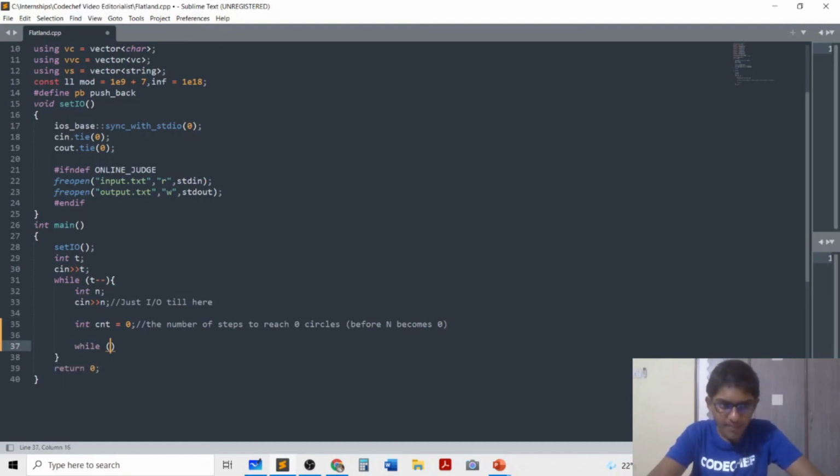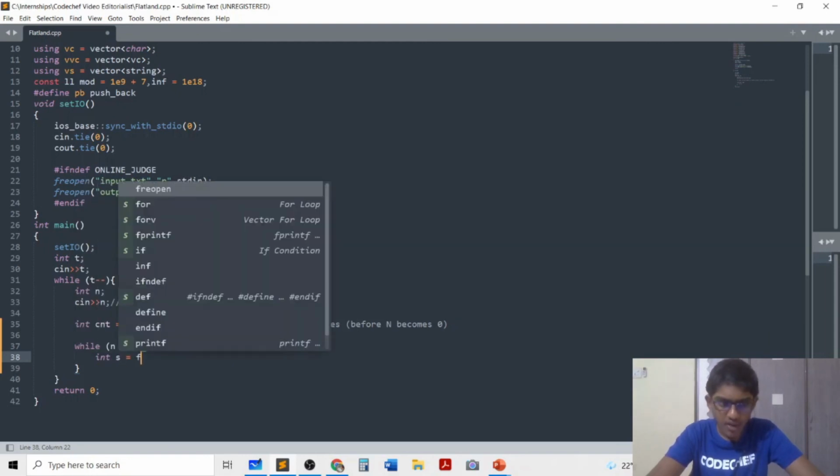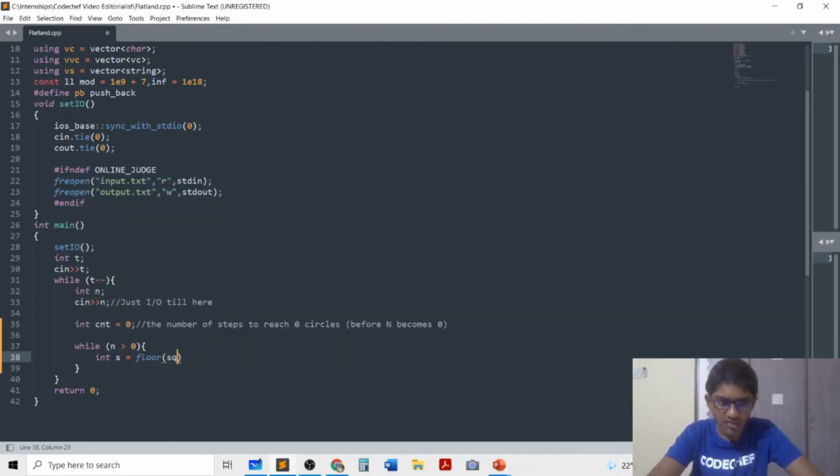Now while n is greater than 0, we basically need to find the value of s first. So as discussed, s is just the floor of square root of n, and that's the side length of the square which we'll take.